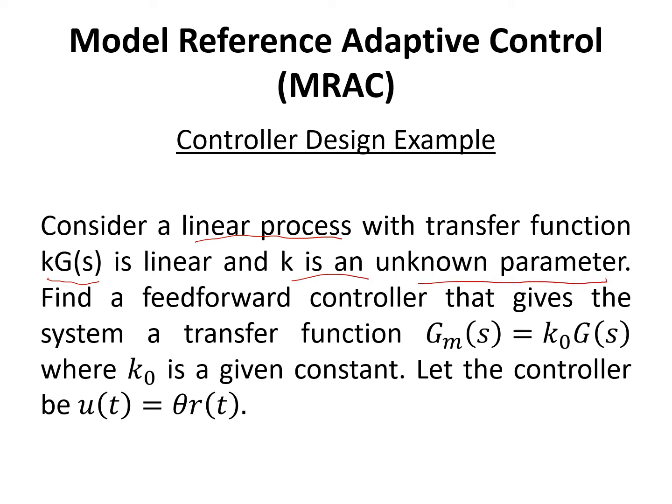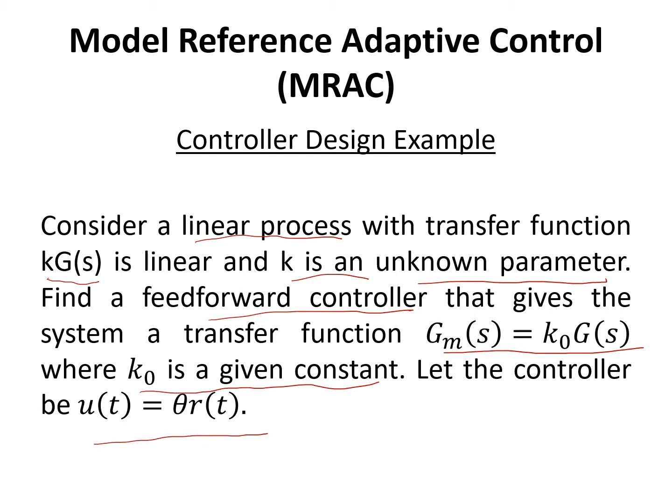Find a feed-forward controller that gives the system a transfer function Gm(s) equal to k naught G(s), where k naught is a given constant. Let the controller be u(t) equal to theta r(t).